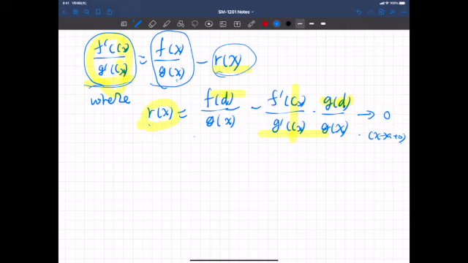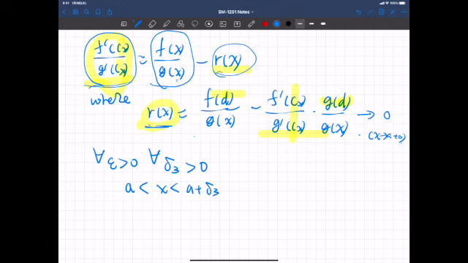First, this r of x converges to 0. That means for any epsilon that is positive and real, there exists some positive and real number, let's call it delta 3, such that if x is between a and a plus delta 3, then the modulus of r of x is less than epsilon.